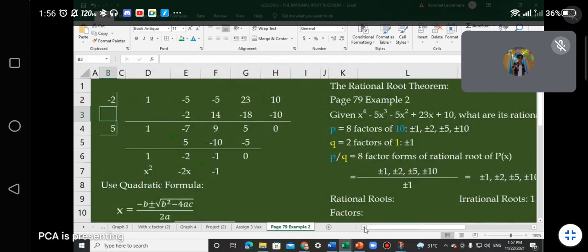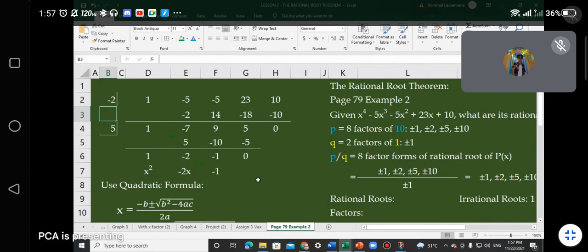Later on kasi, ang pangit kasi ng textbook niyo rather. If you go to page 117 now, the Descartes rules of signs, it's telling you really the signs of your rational roots. Andun yan eh. Ang layo niya kasi, ang pangit talaga ng textbook niyo. I do not like it. But I will not insert Descartes' rules of signs. After this lesson, if you want to jump there, you can jump there if you want.